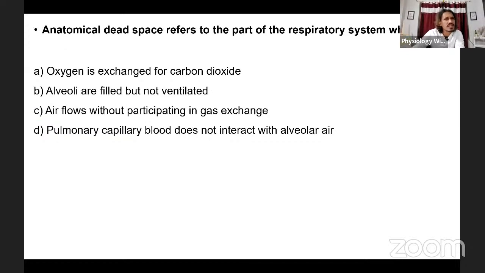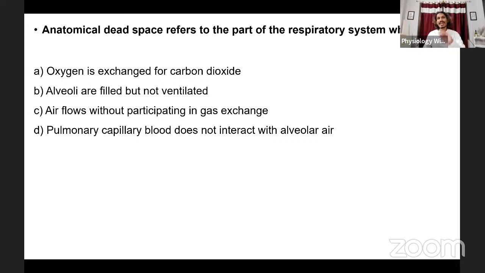Now, what is dead space? When we talk about this term dead space, what it refers to is you take in a breath, and how much of that breath is taking part in respiration through diffusion, going into the blood. Now, there is going to be some degree of air which is not going into your respiration.